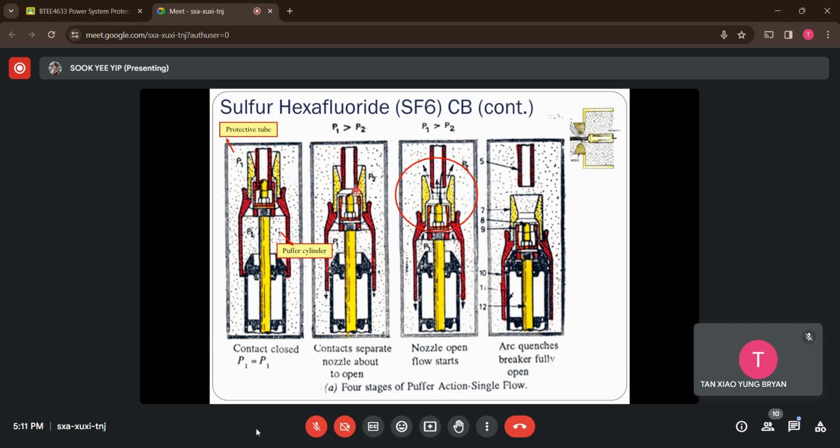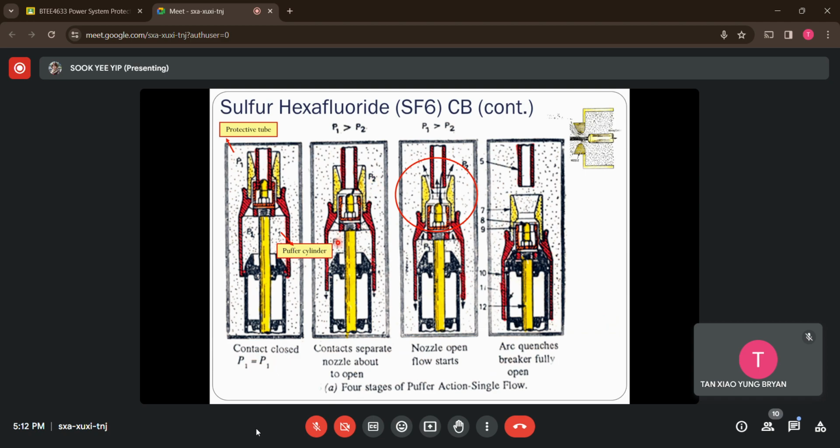You can see that the arc occurs at this particular point, the arcing tips. Under this situation, whenever the contacts start to separate, there's a pressure difference. Inside this puffer cylinder, let's say the measured pressure is P1, and inside the protective tube the pressure is P2.